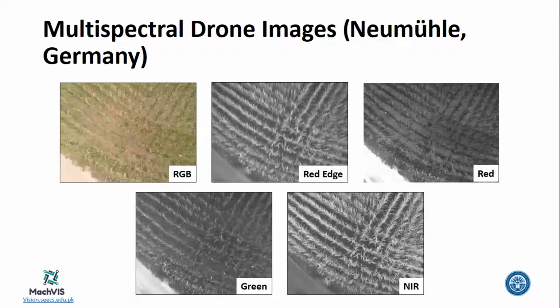Okay, so we were in Germany for a research project. And this is the Sequoia multispectral sensor. We flew the drone over a corn crop, at 30 meters altitude, with the Sequoia multispectral sensor installed on the drone.